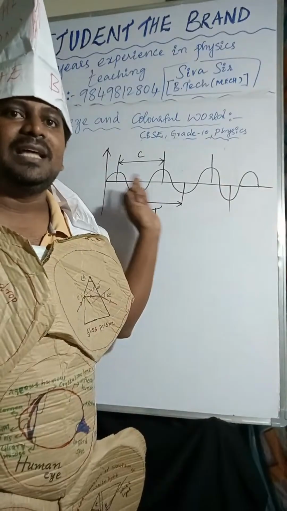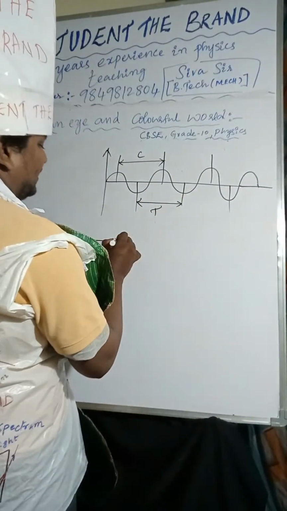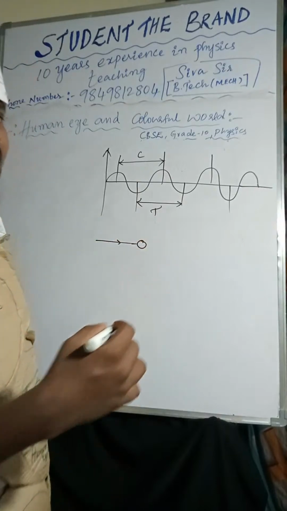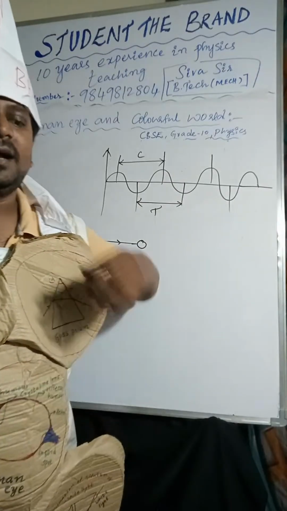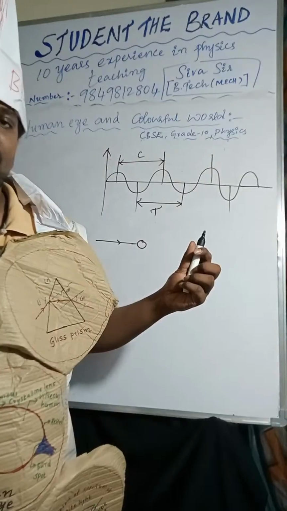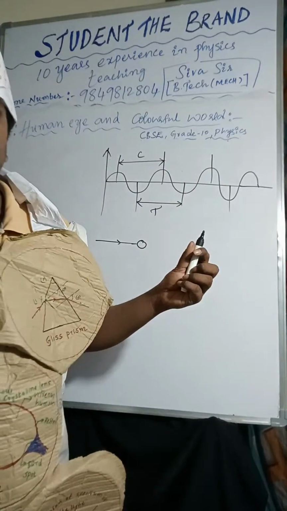Whenever the light is incident on the particle, whenever the light ray is coming like this and is incident on the particle, the size of the particle is comparable to the wavelength of the light.